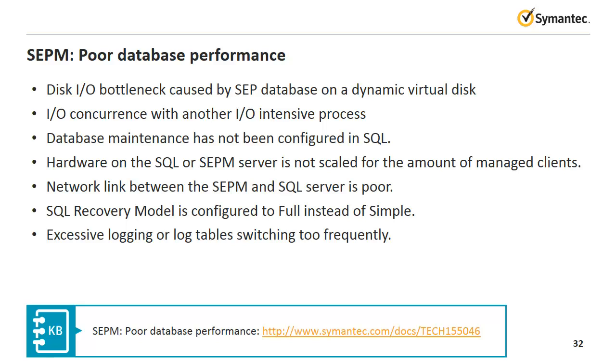It could be the SQL or SEPM server has hardware not scaled for the amount of managed clients, or a slow network link. Transaction logging could increase if you configure the SQL recovery model as full instead of simple. Another cause is the SEPM log tables are frequently switching due to too many events being generated or uploaded. For more information, refer to the KB on the screen.